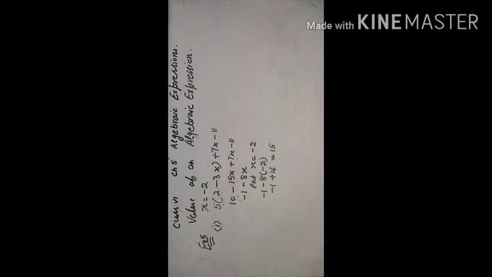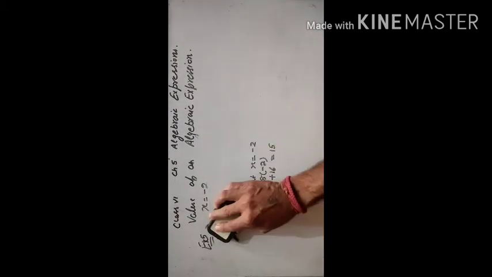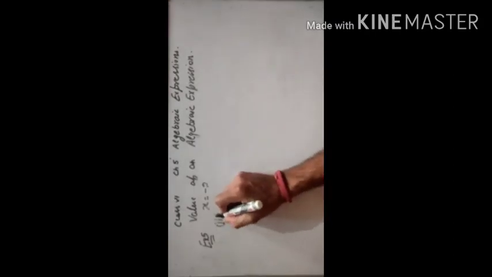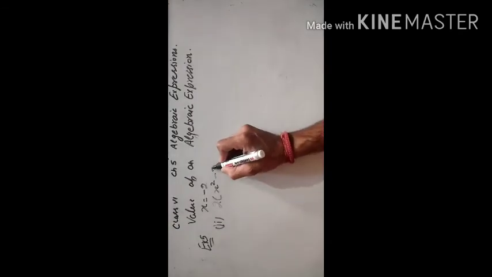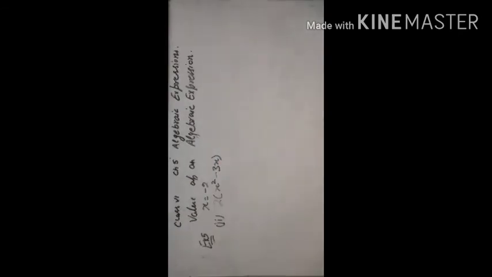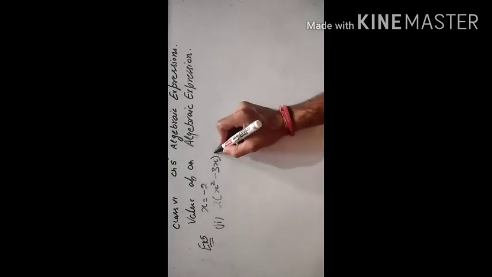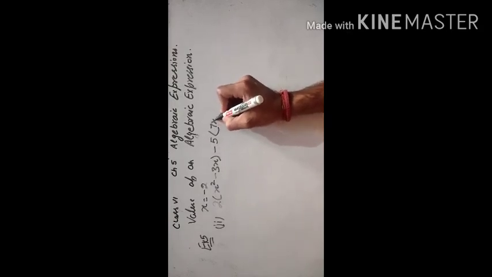Now second part is again simplify and find the value for x is equal to minus 2. That is 2 into x square minus 3x minus 5 into 7x minus 4.